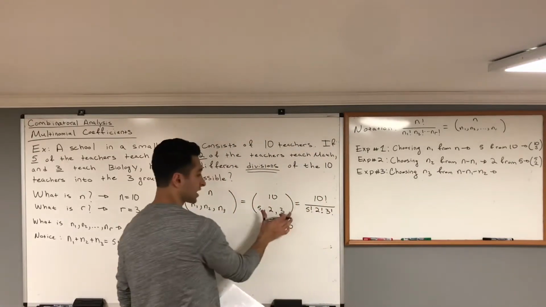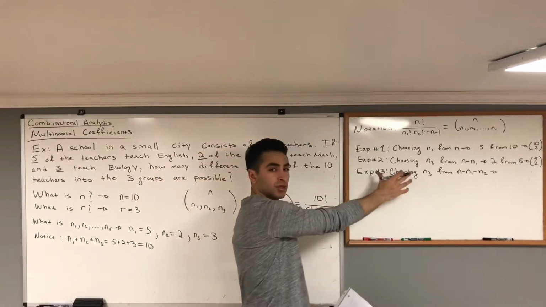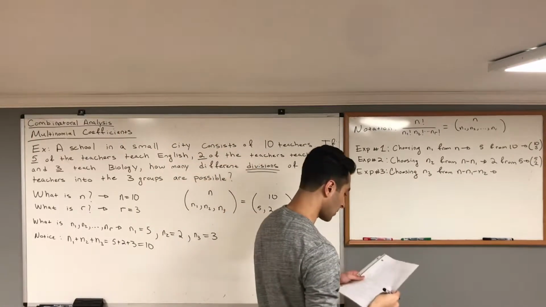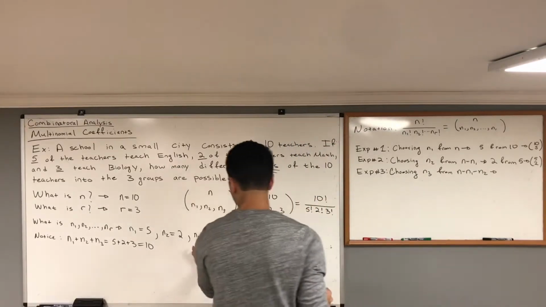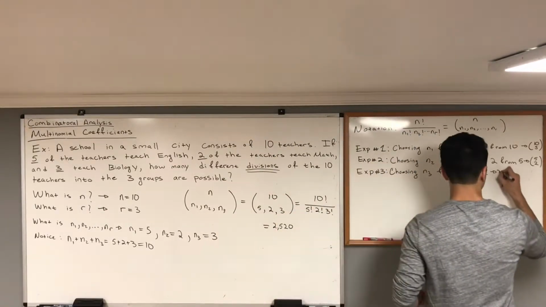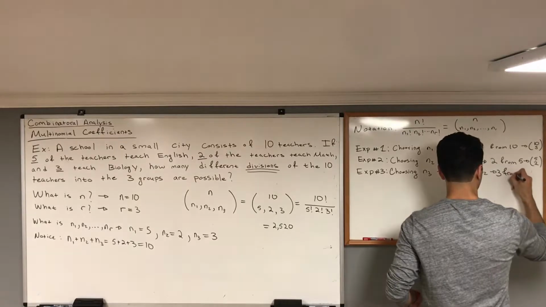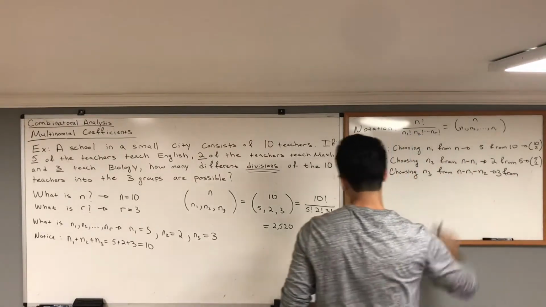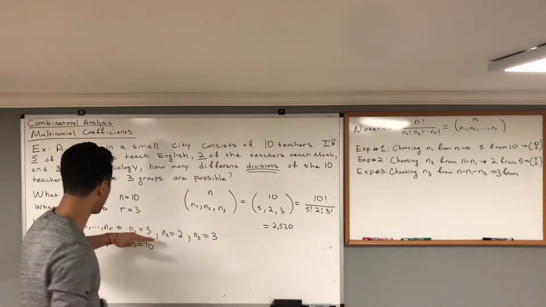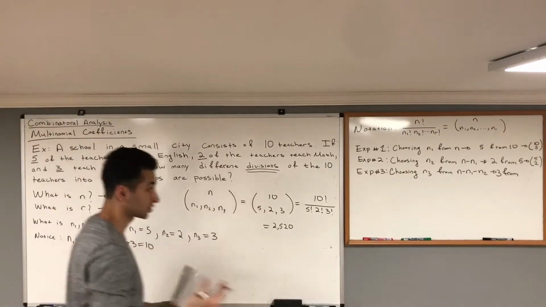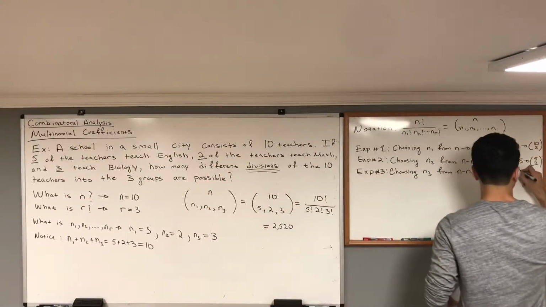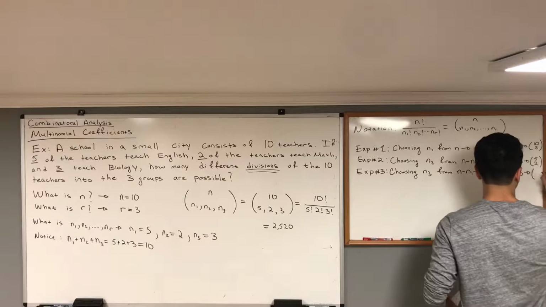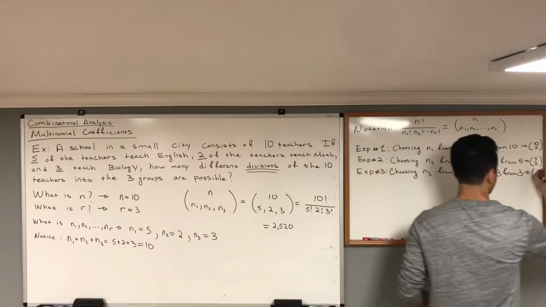Now we find that this is actually easier, but I just want to show you guys that you could do it in this way too. So now you're choosing n3, which is 3, from n minus n1 minus n2, which is 10 minus 5 minus 2, which is 3. And for your last experiment, you'll always have n choose n, which is 3 choose 3 in this case.